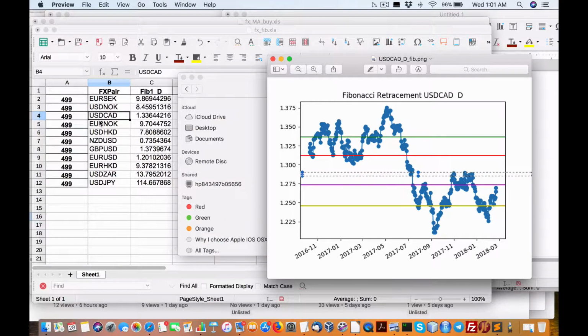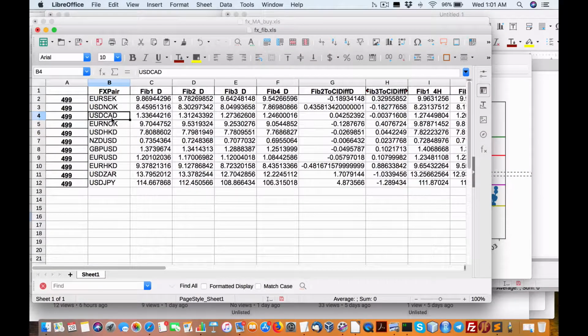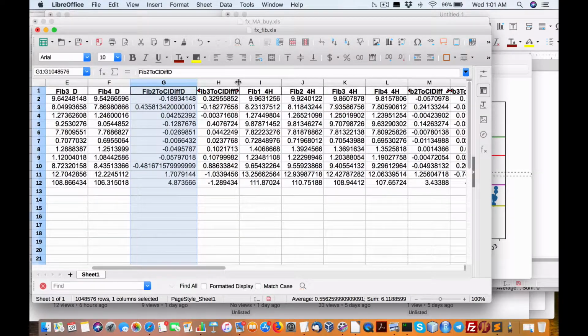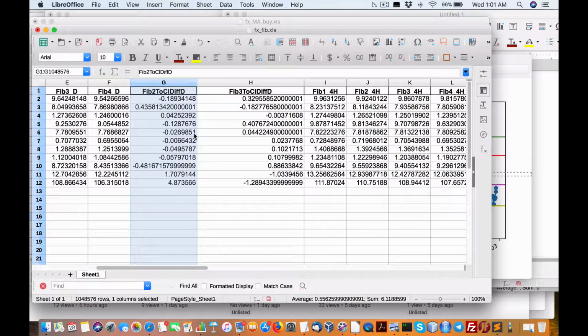So I can tell that US Canadian dollar is the closest. So what I've got here is two fields, two columns. And we measure the distance between Fibonacci level 2 and the closing price and the difference, and that's the daily. And then also the difference between the Fibonacci level 3 and the closing price.